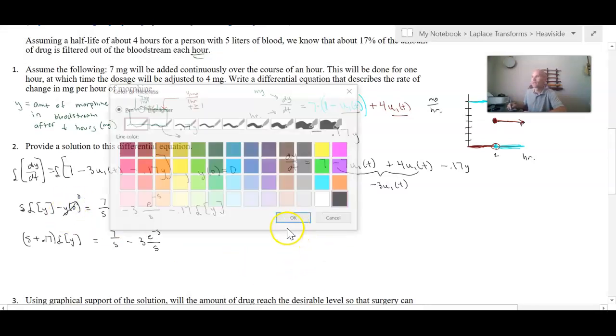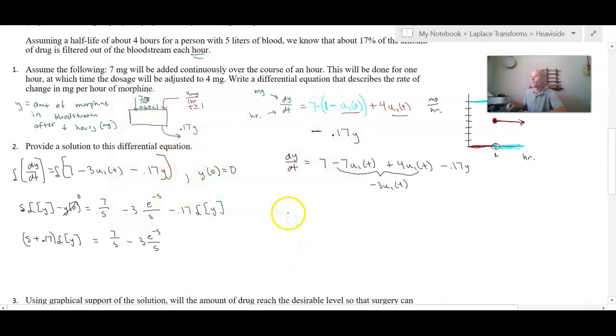Now I can do my division, and I'll get the Laplace of y equal to 7 over s times s plus 0.17, which is going to have to be partial fraction decomposed, minus 3e to the negative s over s times s plus 0.17.